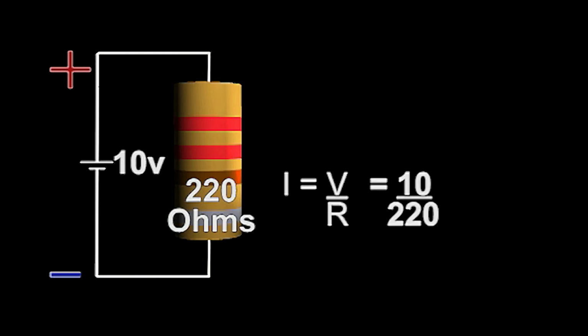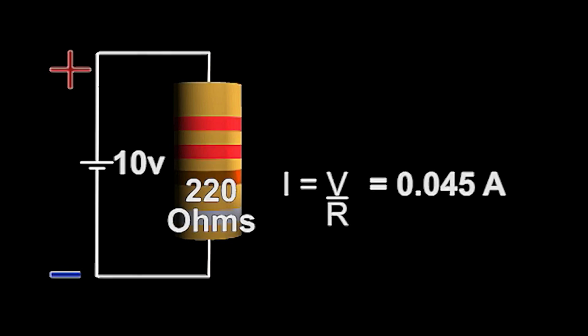If you take the 10 volts, divide it by 220 ohms, the answer comes out to 0.045 amps. Now 0.045 amps is a difficult measure to deal with. So if we convert it to milliamps by moving the decimal point 3 places to the right, we know now that there are 45 milliamps flowing through that resistor.